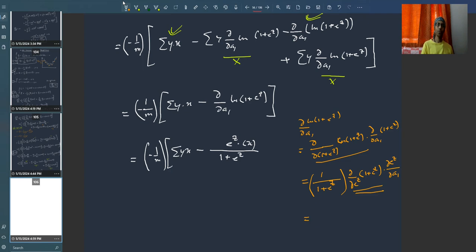So this is equal to 1 by 1 plus e to the power z into 1 into del e to the power z by del a1. Right.